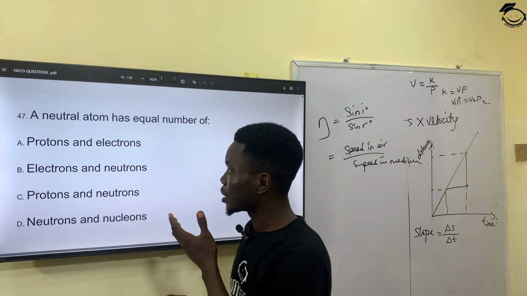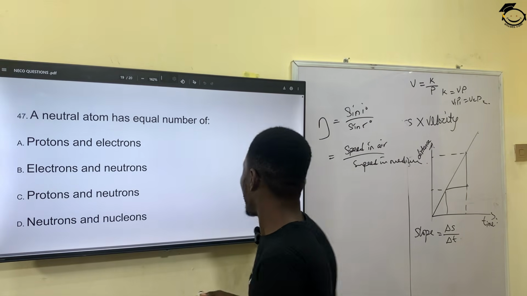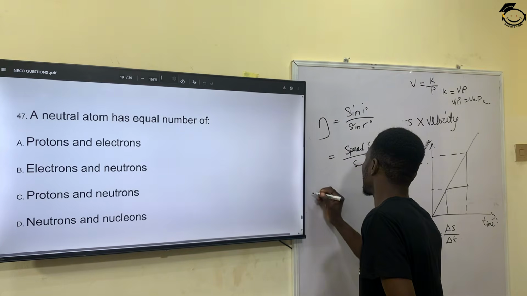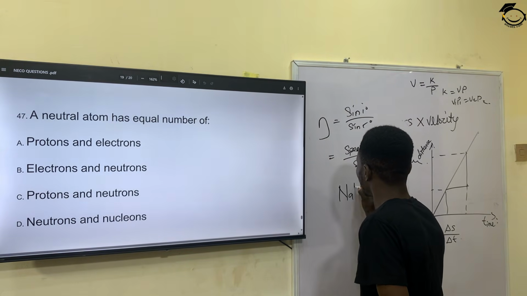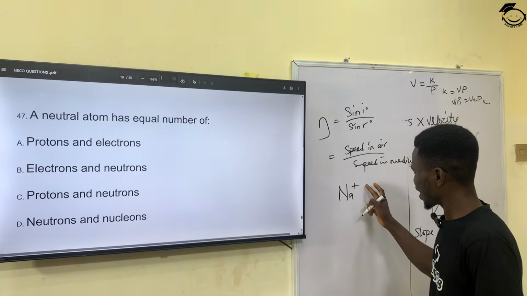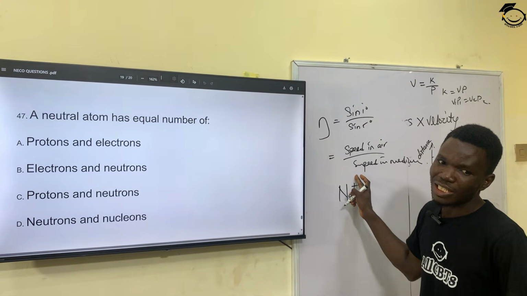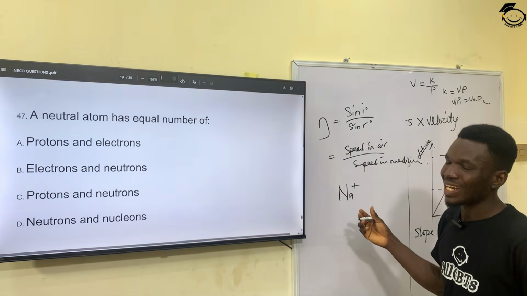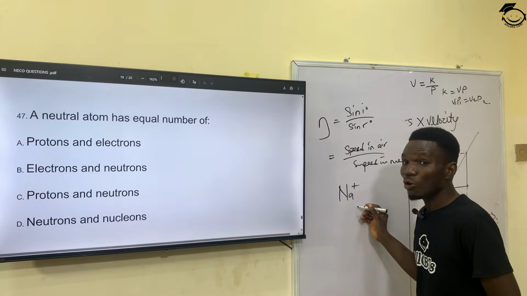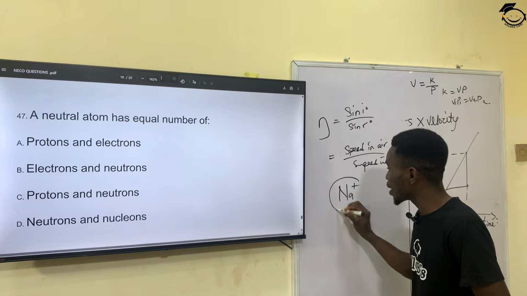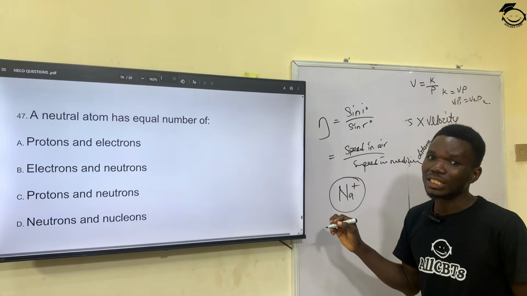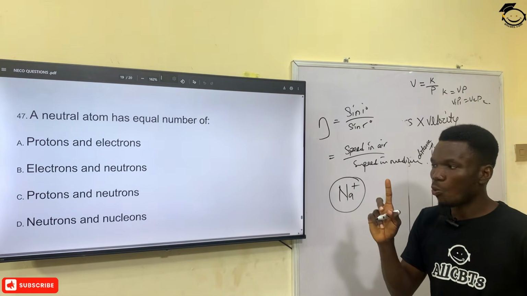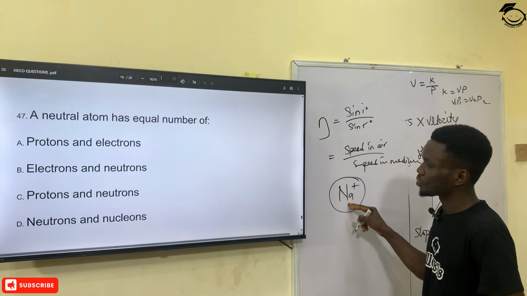If the atom is charged, let's say, for example, sodium plus, this is an ion. Because it's an ion, it means it has lost one electron. So automatically, the protons in this particular atom will be higher than the electrons by just one.